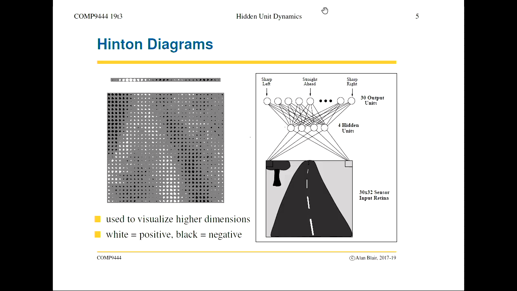What this is saying is, let me see here. If we assume the road is darker than the surrounds, then if the road is in this configuration, then you would be veering to the right, so you'd have to steer sharply to the left to get back on the road.